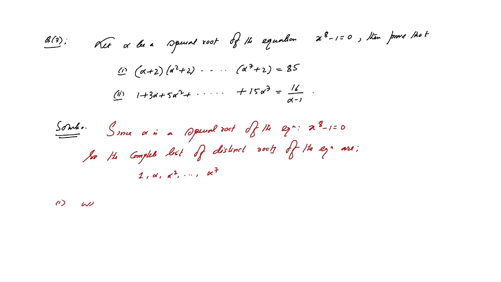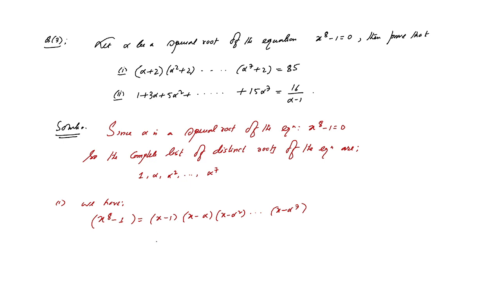So we have x to the power 8 minus 1 equals (x minus 1)(x minus alpha)(x minus alpha square) up to (x minus alpha to the power 7). This is an identity.